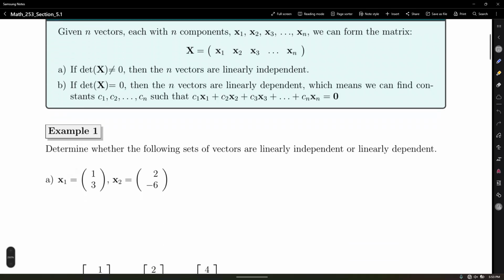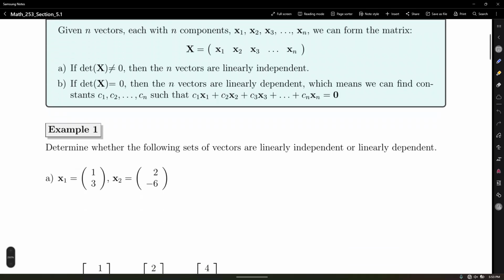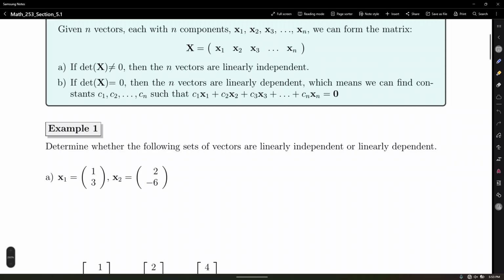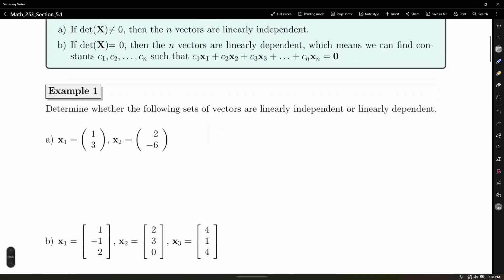Okay. So as examples to check linear dependence and independence of vectors, let's determine whether the following sets of vectors are linearly independent or linearly dependent. For letter A, we're given vector x sub 1, with entries 1 and 3, and vector x sub 2, with 2, negative 6. At first glance, the cheating way, in some cases, is to check if one of the vectors is a multiple of the other one.